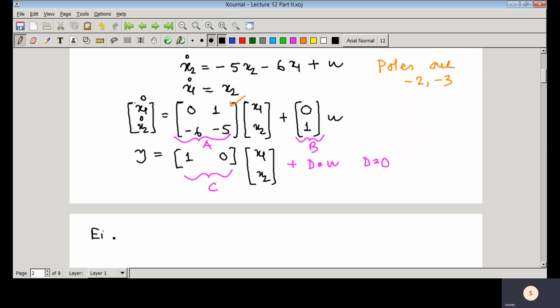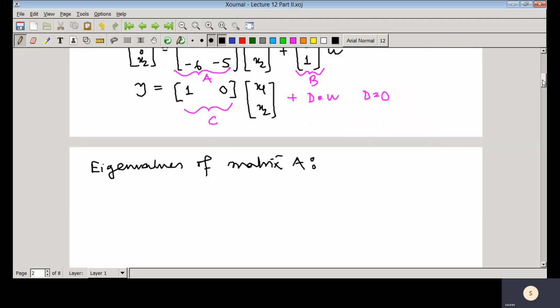Eigenvalues of matrix A. If you want to find the eigenvalues of matrix A, you know that the determinant of lambda I minus A is needed.